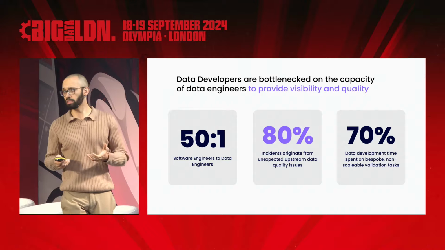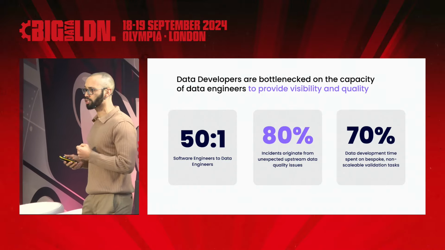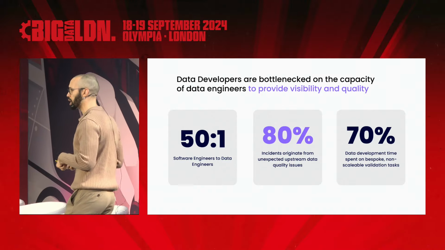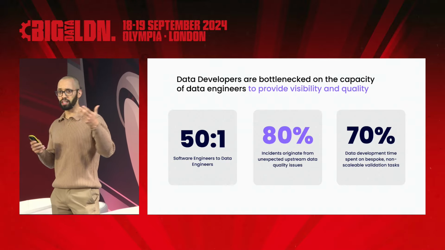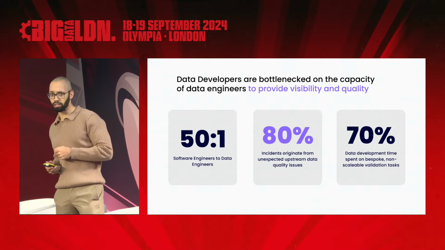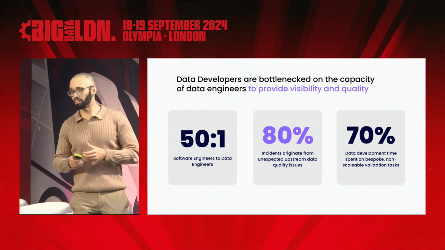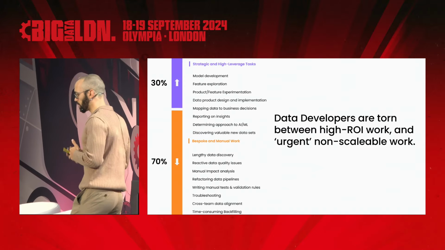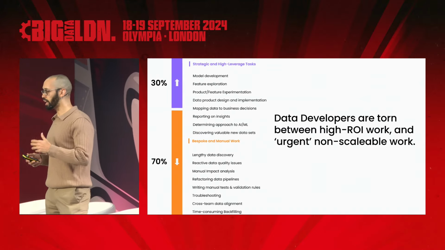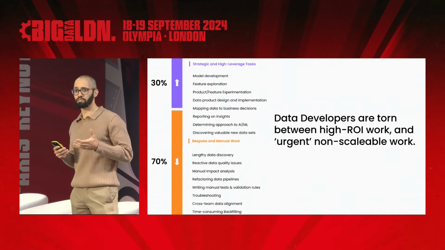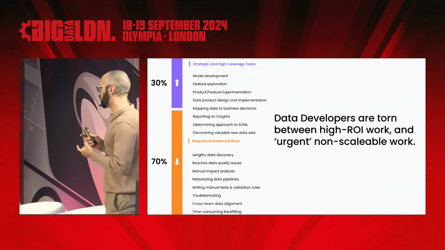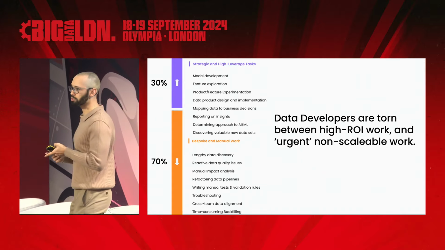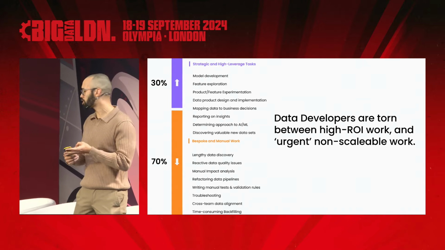And what this causes is your downstream data engineers to spend the majority of their time working on more ad hoc, one-off data quality tasks, fixing bugs, solving a problem that someone sees with their dashboard, and so on and so forth. So I call this group of people data developers. These are engineers. It could be a data engineer, it could be a data scientist, it could be an analytics engineer.